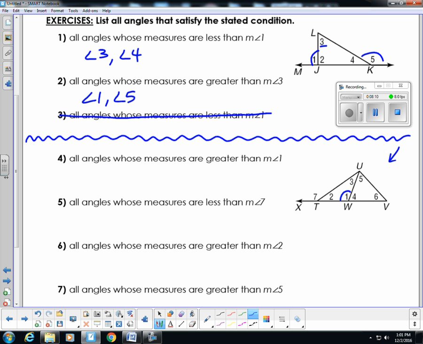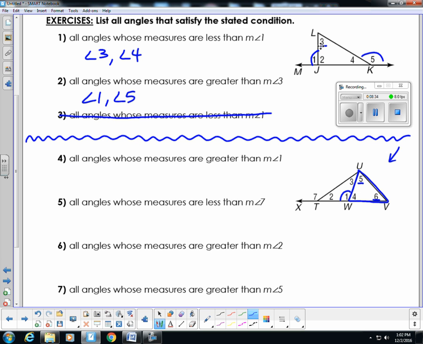It looks funny because it looks like 1 is an interior angle, and it is for one of the triangles. But it's an exterior angle for triangle UWV. So in triangle UWV, there are 2 remote interior angles, 5 and 6. So 5 and 6 are guaranteed to be smaller than 1.